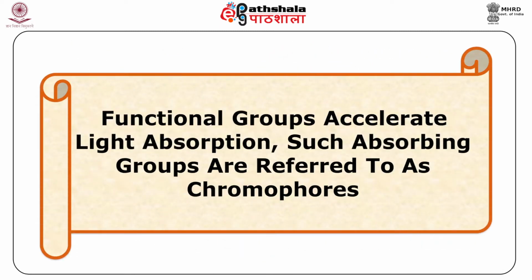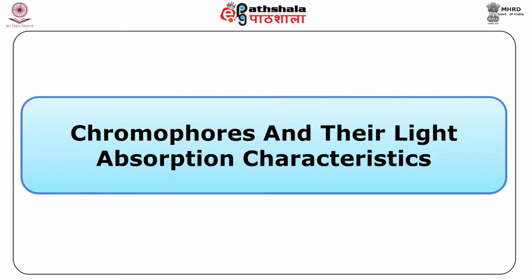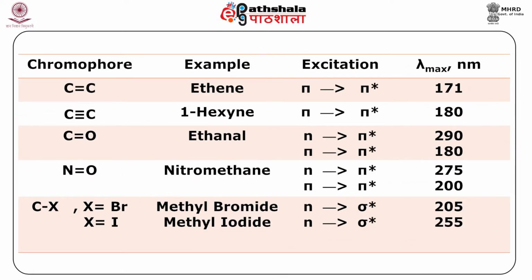In addition to this, there are certain functional groups that accelerate light absorption. Such absorbing groups are referred to as chromophores. A list of some simple chromophores and their light absorption characteristics is as follows. As shown, the various chromophores, their examples, excitation, and lambda max have been shown in this table.